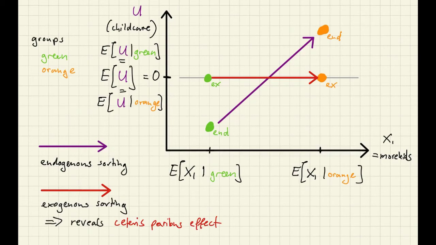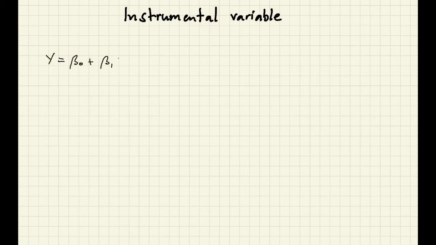Now it is time for us to move away from using colors to describe a sorting and introduce the concept of instrumental variables. Let's start by writing down our model equation. In the context of instrumental variables, this equation is often called the structural equation.